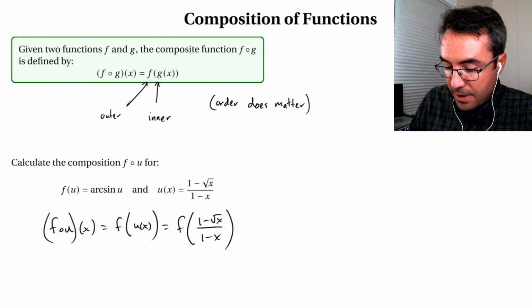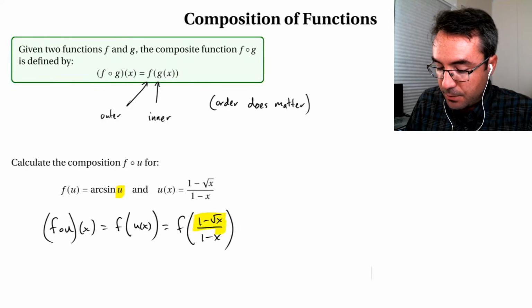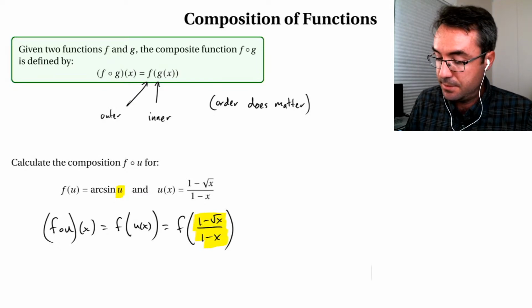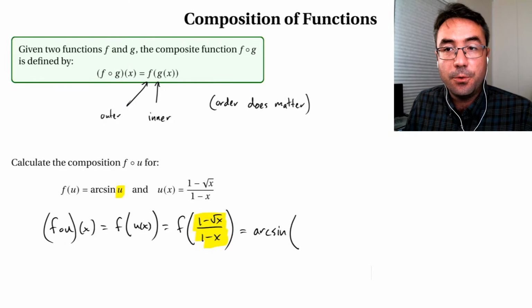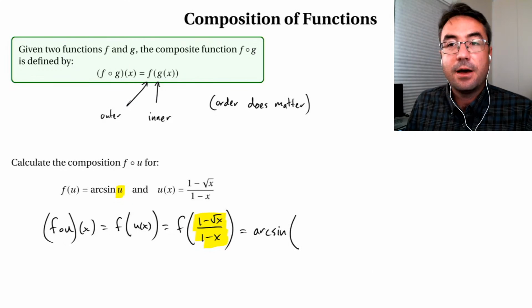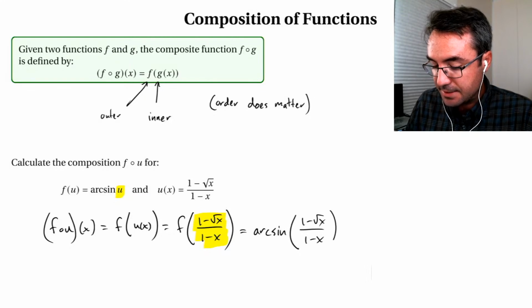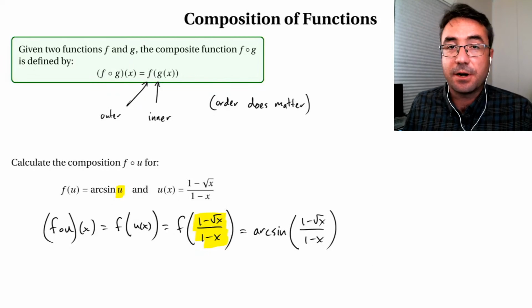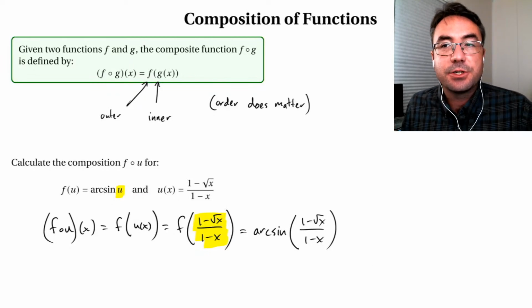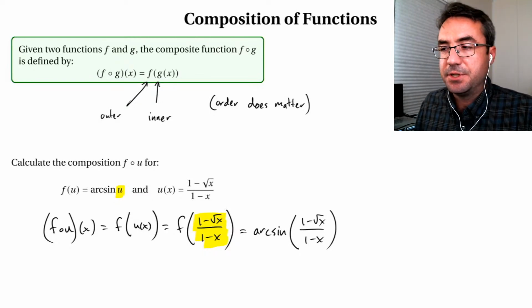Wherever I have a variable term in my function f, I'm going to switch that with this entire fraction. So instead of u, I'm going to have arc sine of 1 minus square root x over 1 minus x. We see that arc sine here is our outer function, and that fraction is our inner function. So just a little practice doing composition.